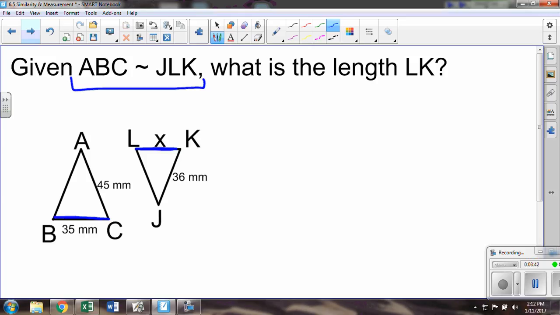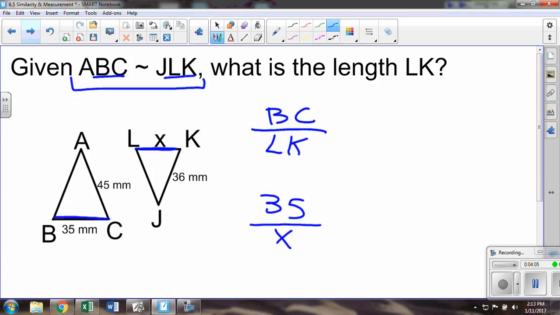When we look at this base of BC, that's in position 2, 3. We know that it has to match up with, likewise, position 2, 3, which is LK. That would allow us to put these pieces together, saying BC is 35, LK is x, and we've built half of our proportion.